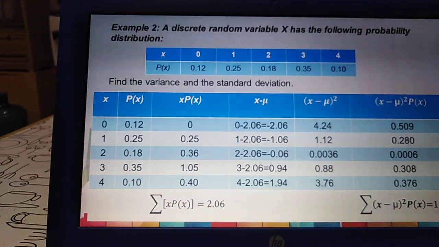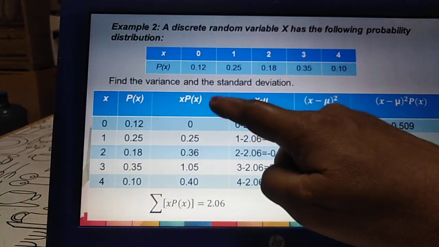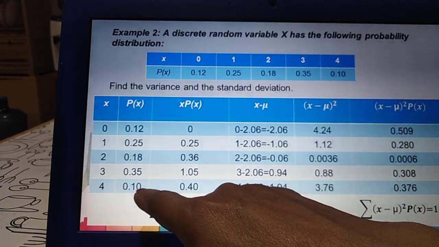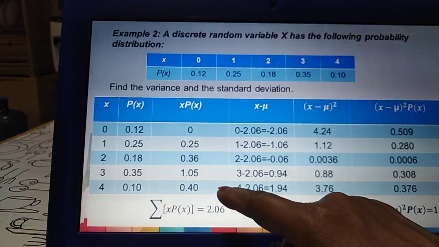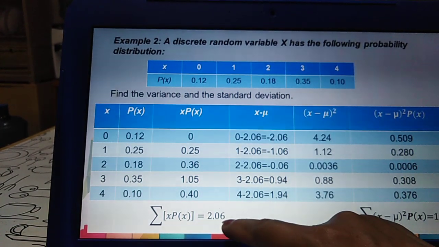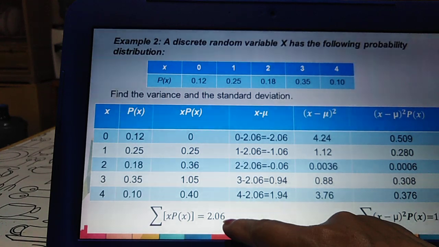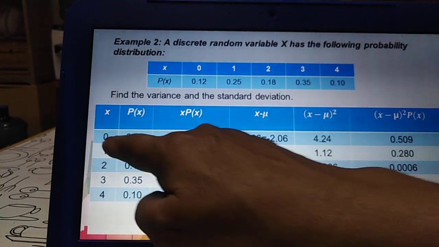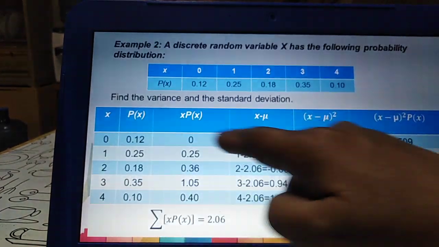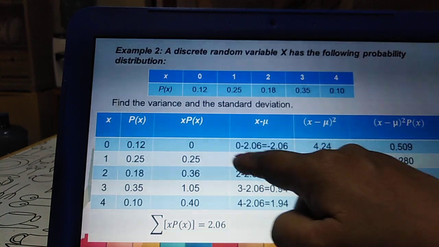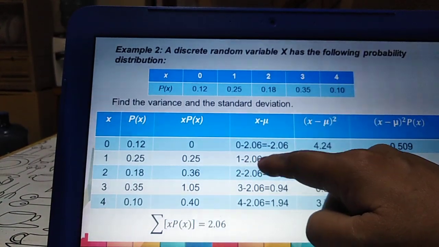So we will repeat. First is a random variable. Second is our probability. The third column is the product of the two. We add everything up, we get the mean or the expected value. This expected value or mean, we subtract from here. So 0 minus 2.06 is negative 2.06. 1 minus 2.06 is negative 1.06.